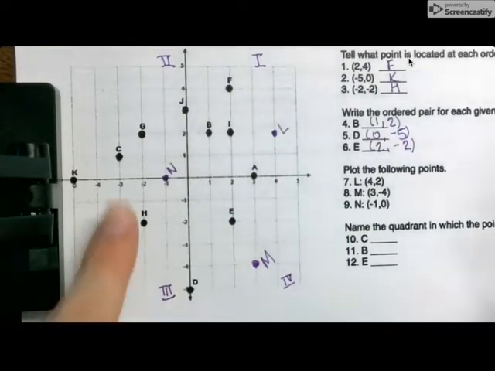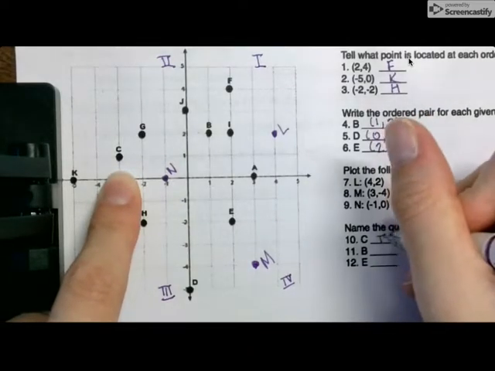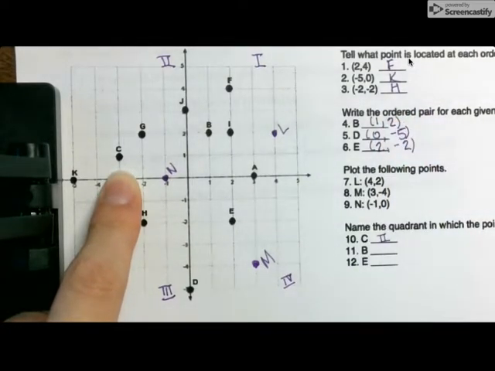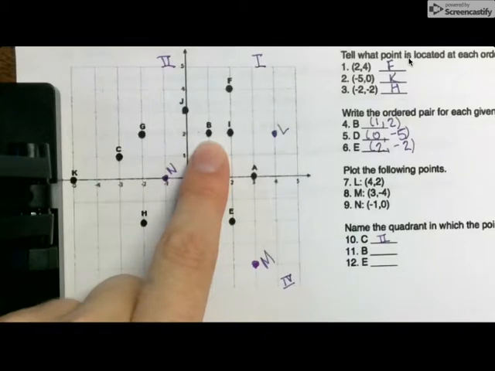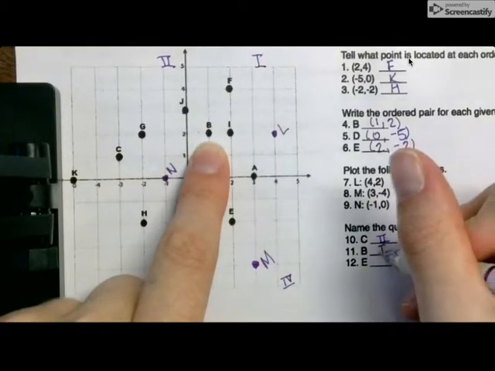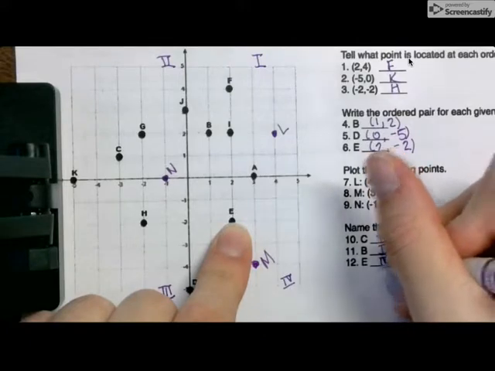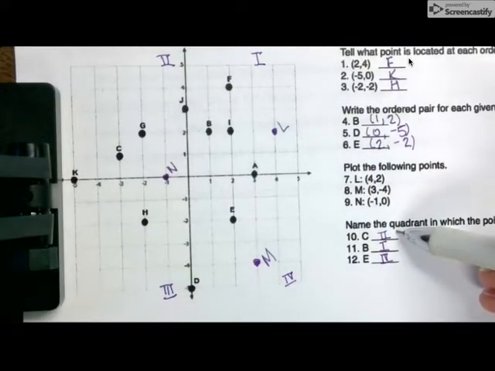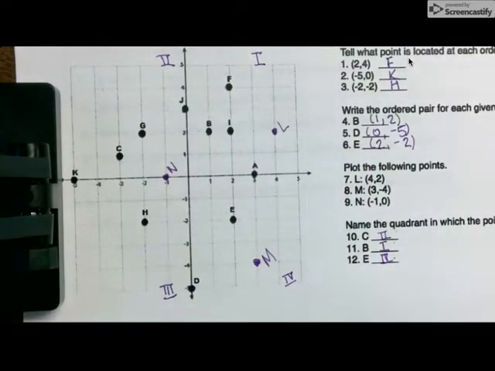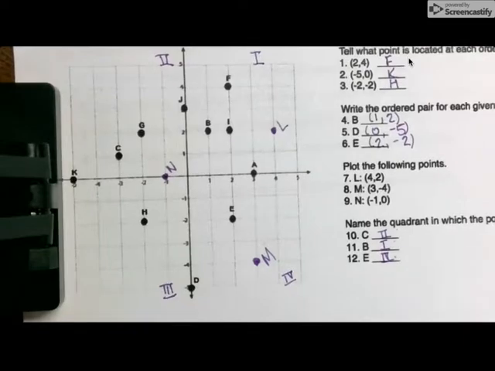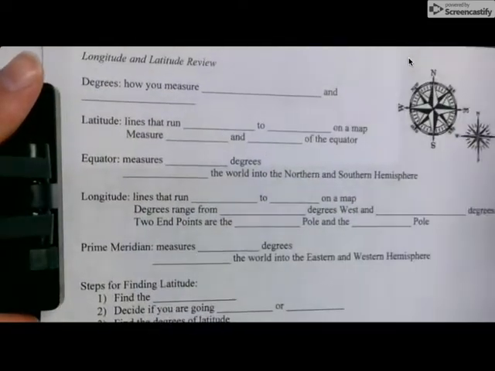C is in this quadrant, which is 2. B is right here. That's going to be the first. And E is right here. That will be the 4th. And these numbers, if you don't know, are called Roman numerals. Pretty straightforward.